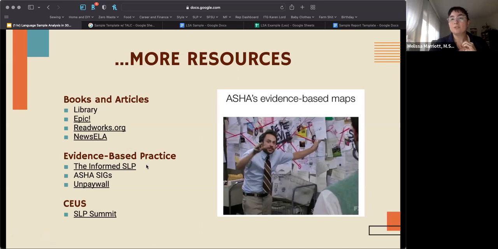A few good resources for finding evidence-based practice. The Informed SLP, I think, is really great. They read and review hundreds and hundreds of articles and share the most clinically relevant information in a really digestible, easy to understand kind of way. V, who also lectures at State, is part of their review team. ASHA special interest groups can sometimes have really good information.